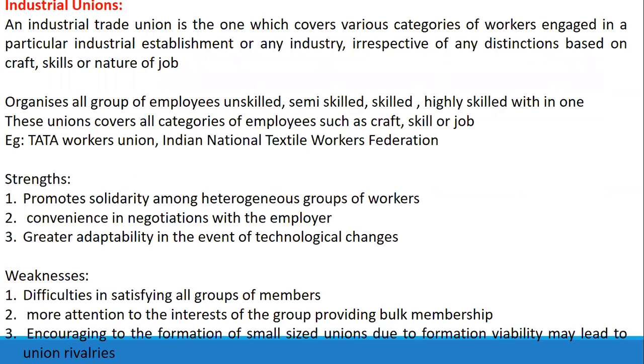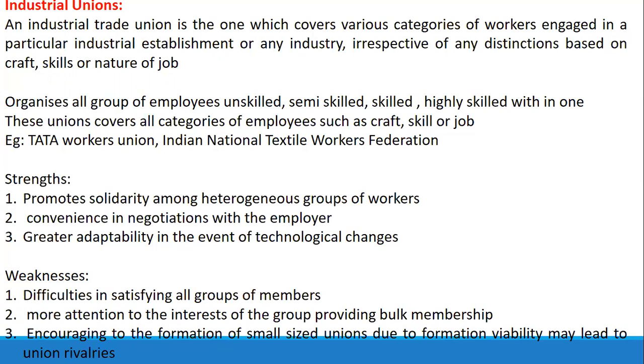The second type of union is industrial unions. These are mostly identified unions. An industrial trade union is the one which covers various categories of workers engaged in a particular industrial establishment or in any industry, irrespective of any distinctions based on craft, skills, or nature of job.